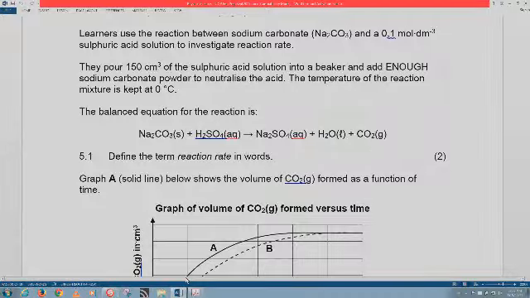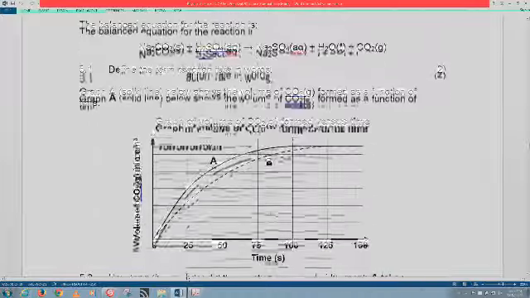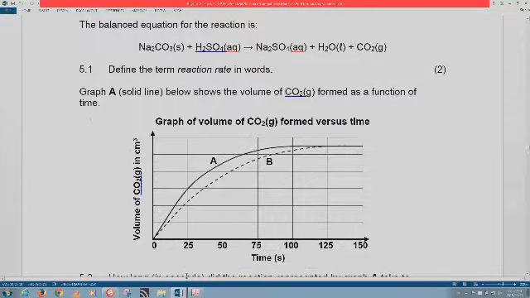The temperature of the reaction mixture is kept at 0 degrees Celsius. The balanced equation for the reaction is as given in the paper. 5.1 for 2 marks, define the term reaction rate in words.